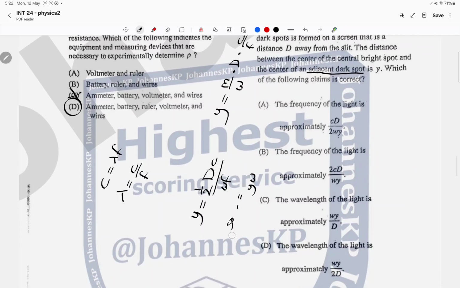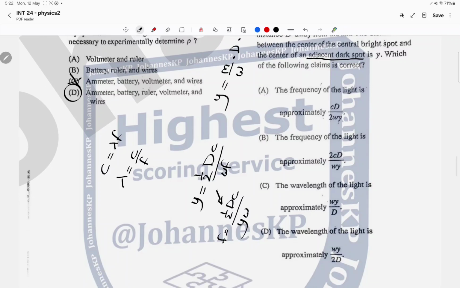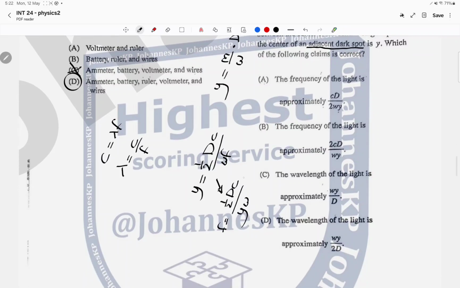Okay, so now come back here and do it again. So now F is equal to YW in the bottom and half DC on top. So it's A. And it is, yeah, because the half means DC stays on top, 2YW. Good.